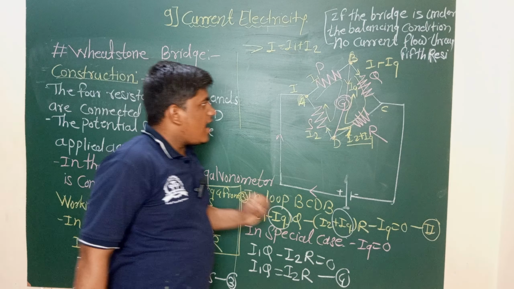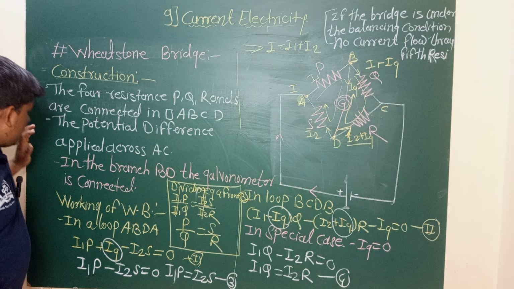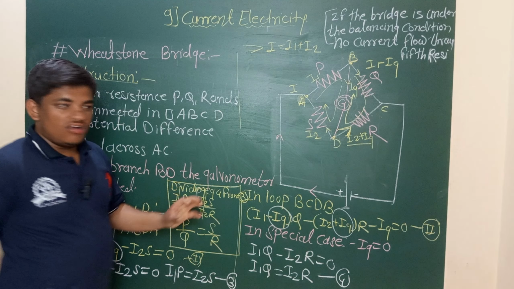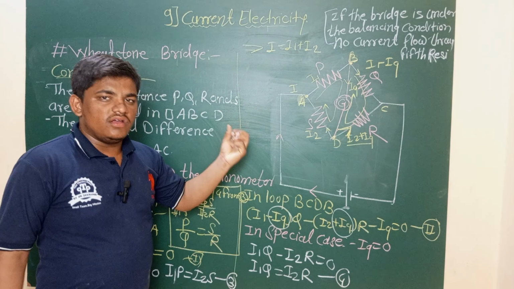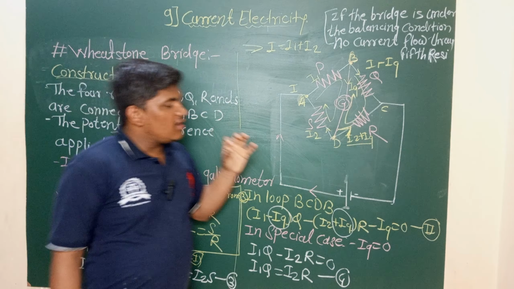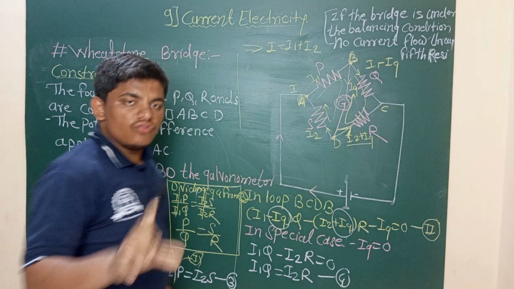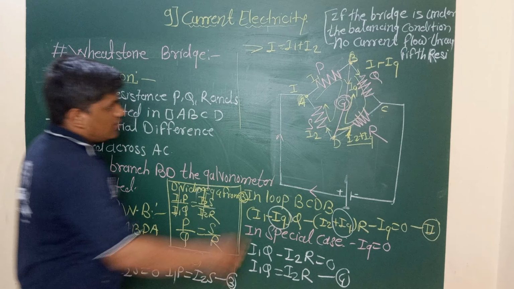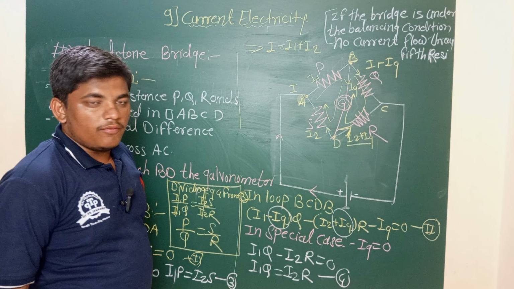By Kirchhoff's second law, the algebraic sum of the potential differences across a closed loop must be equal to 0. We consider ABDA, which is one of the closed loops. Consider ABDA: I1 into P, since I1 and P are in the direction of the loop.